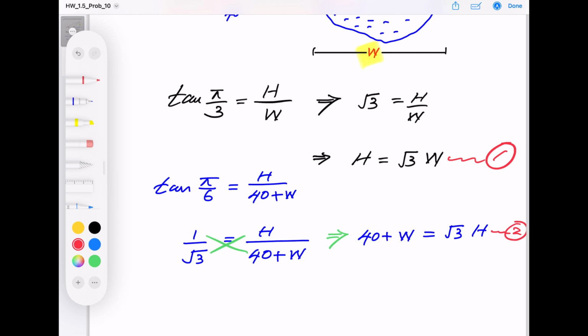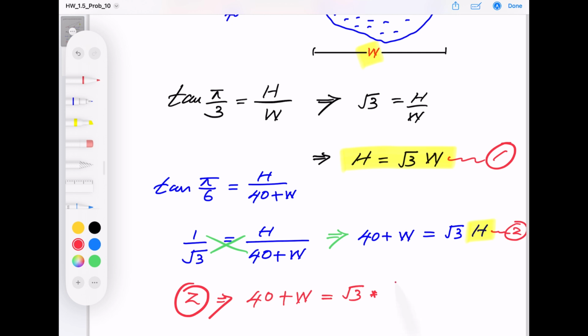From equation number 1, I have h being equal to square root 3 times w. Therefore, you can quite easily go ahead and replace that for this h in equation number 2. Then from equation number 2, we get on the left hand side, it will be just 40 plus w. On the right hand side, we have square root 3 times h.